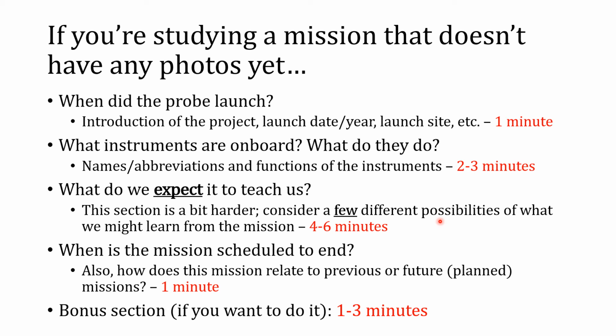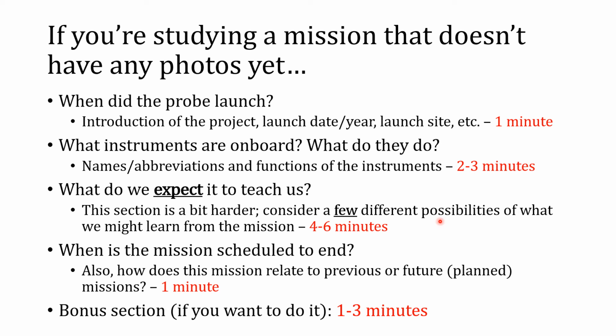But if the mission hasn't ended yet and the probe is still on its way to that comet, then I should consider both possibilities. I could say, well, we might discover that there is water, in which case we'll think this, and we'll plan another mission accordingly. Or we'll find that there is no water, in which case we learn this, and we'll plan our next mission accordingly.